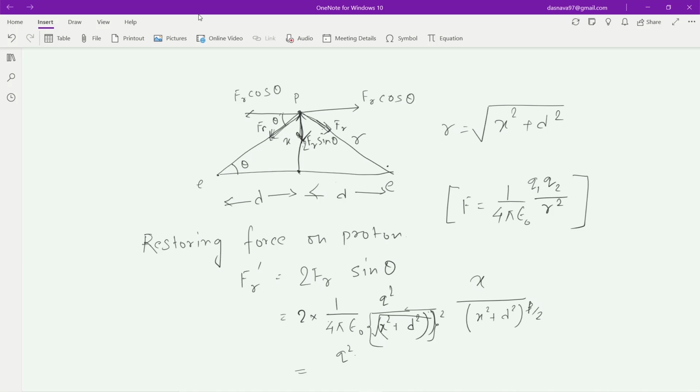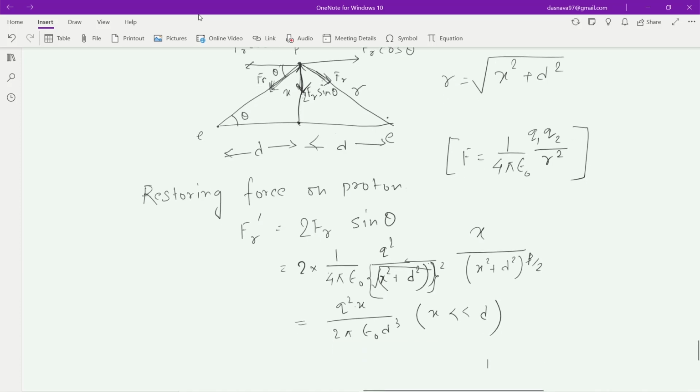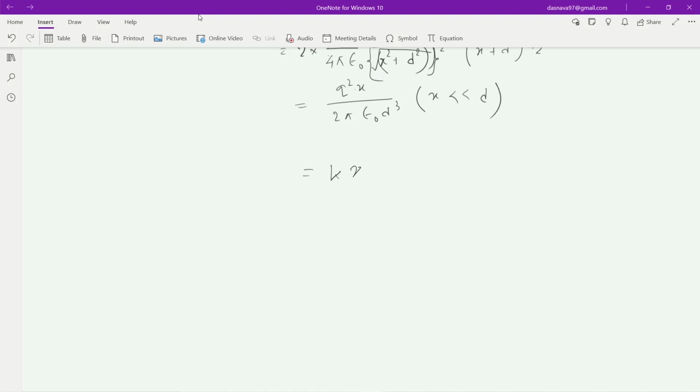If we solve it, then q square x by 2 pi epsilon naught d cube, where x is very smaller than d, right? Equals to kx. If you consider x, for simple harmonic motion, we consider a constant k.